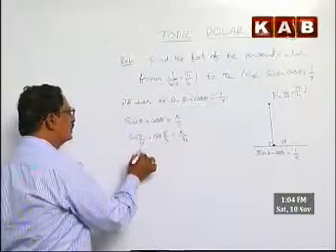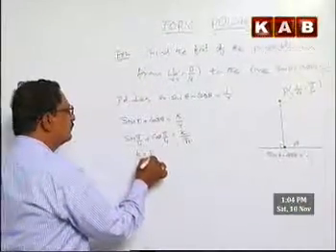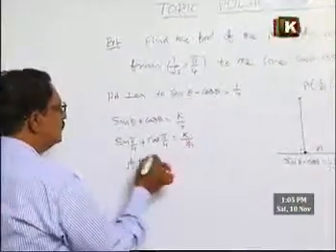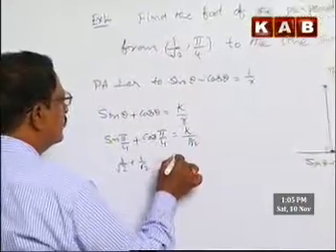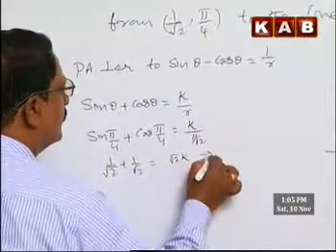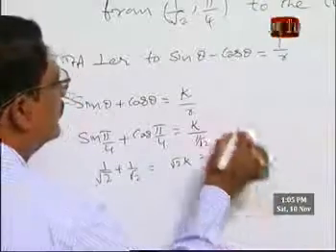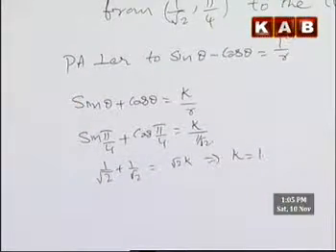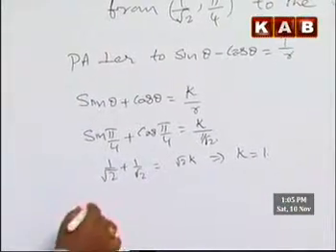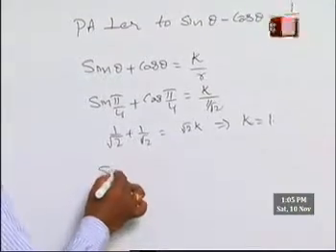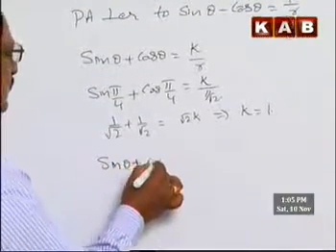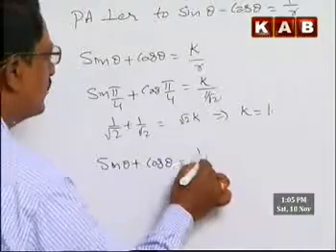Now, 1 by root 2 plus 1 by root 2 equals to root 2 into k. This implies the value of k equals to 1. Then the equation of the line PA is sin theta plus cos theta equals to 1 by r.